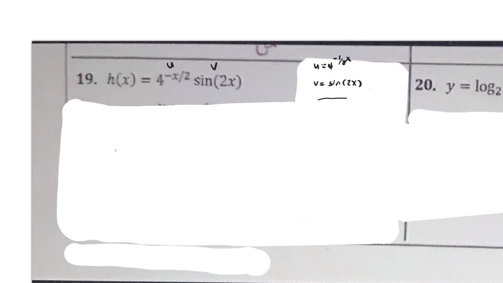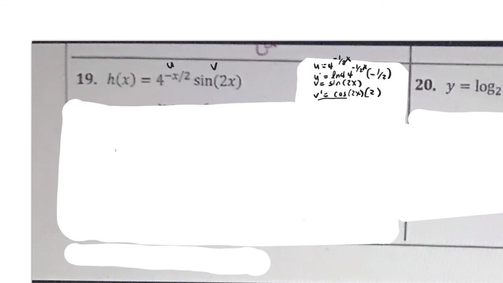Now, U prime is going to be ln of 4 times 4 to the negative 1/2 x times the derivative of negative 1/2 x, which is negative 1/2. V prime is going to be cosine of 2x times the derivative of 2x, which is just 2.